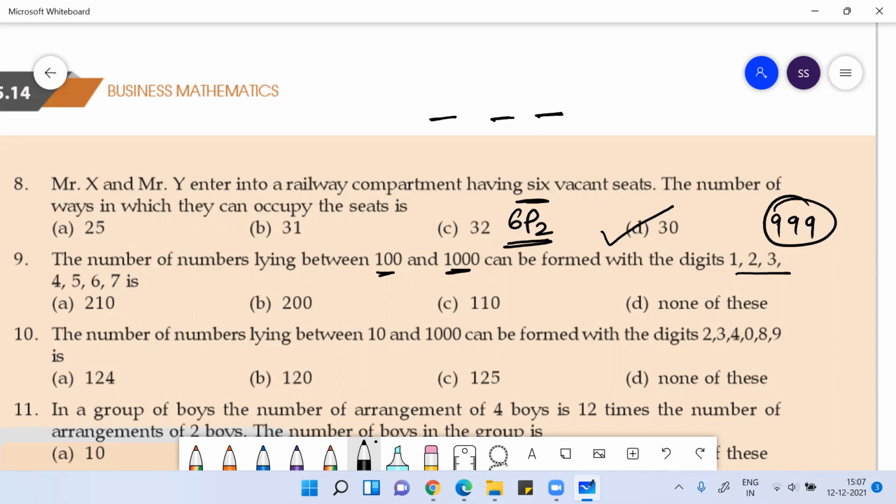So anything can come: any of 7 digits, any of 6, any of 5. So this would be 210. Clear, everyone?